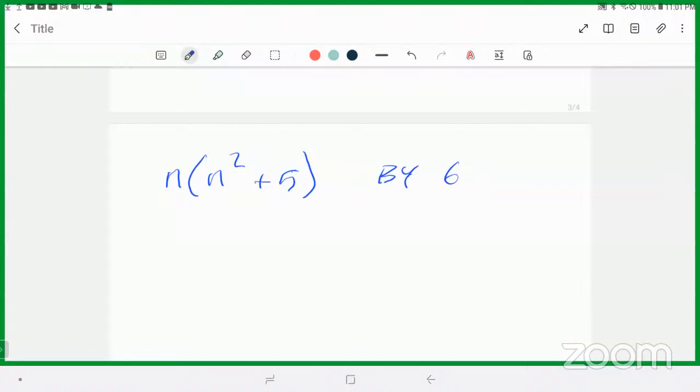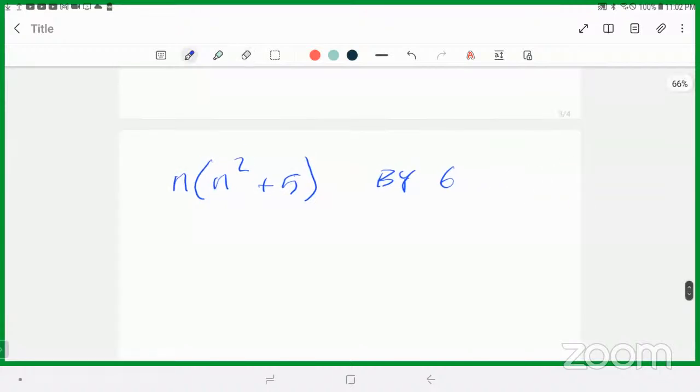Not like n greater than or equal to 3 or something like that? No, it's all. All right, cool. Now let's see.